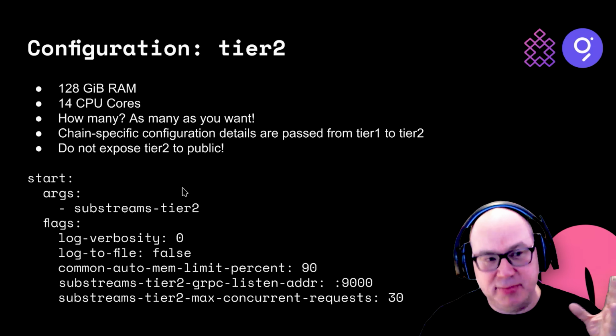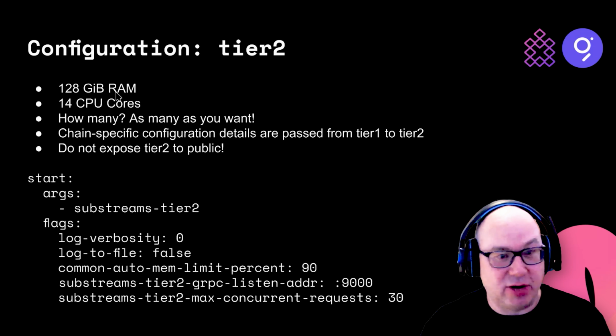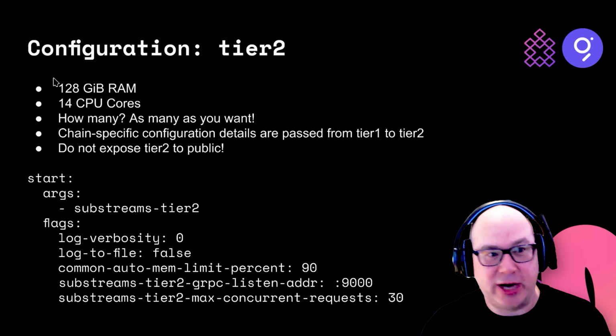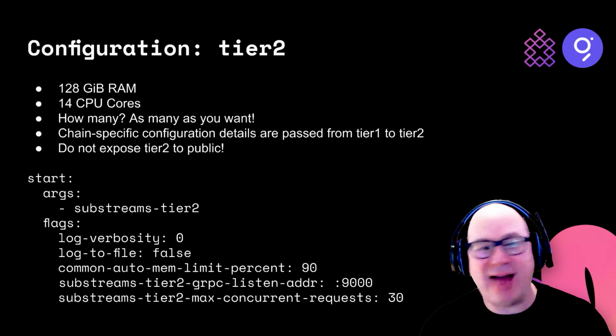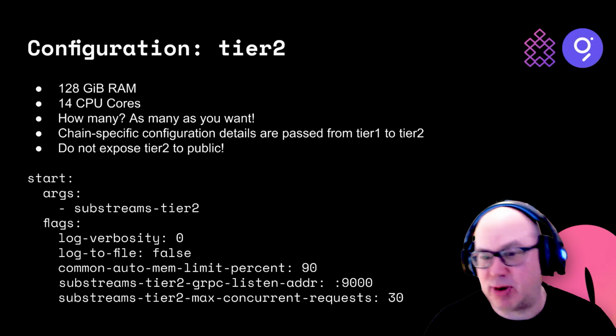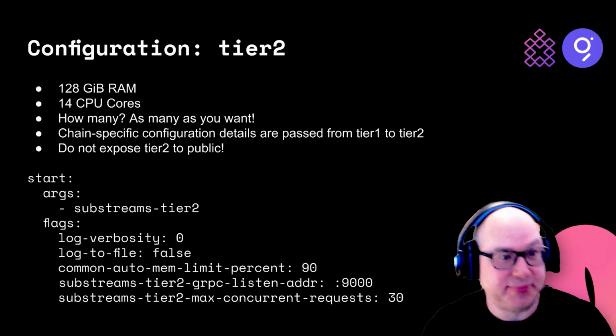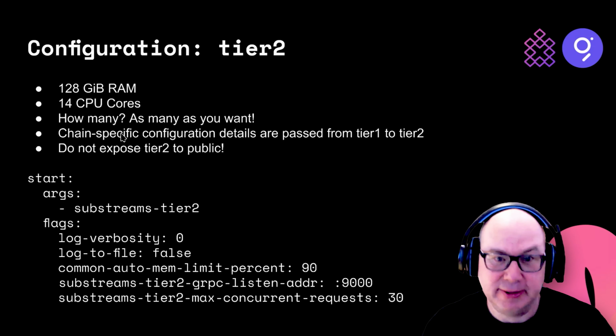You need gobs and gobs of RAM for that one to work, so this configuration, 128 gigs of RAM with 30, would not work. But for the average substream, this is going to be fine. It's probably overkill. You could probably bump it up more, but this is something you're going to have to try with your own experience.